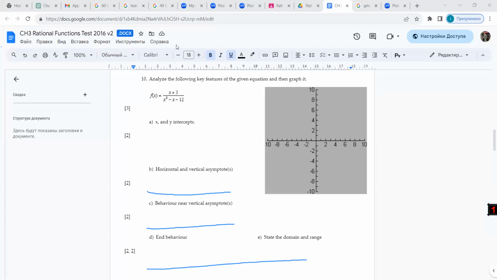The one you listed, yes, and there's supposed to be one more because the denominator has two solutions, not just one. So you have to solve the denominator x squared minus x minus 12 equals 0. Find x1 and x2. You found one of them. There is one more vertical asymptote.